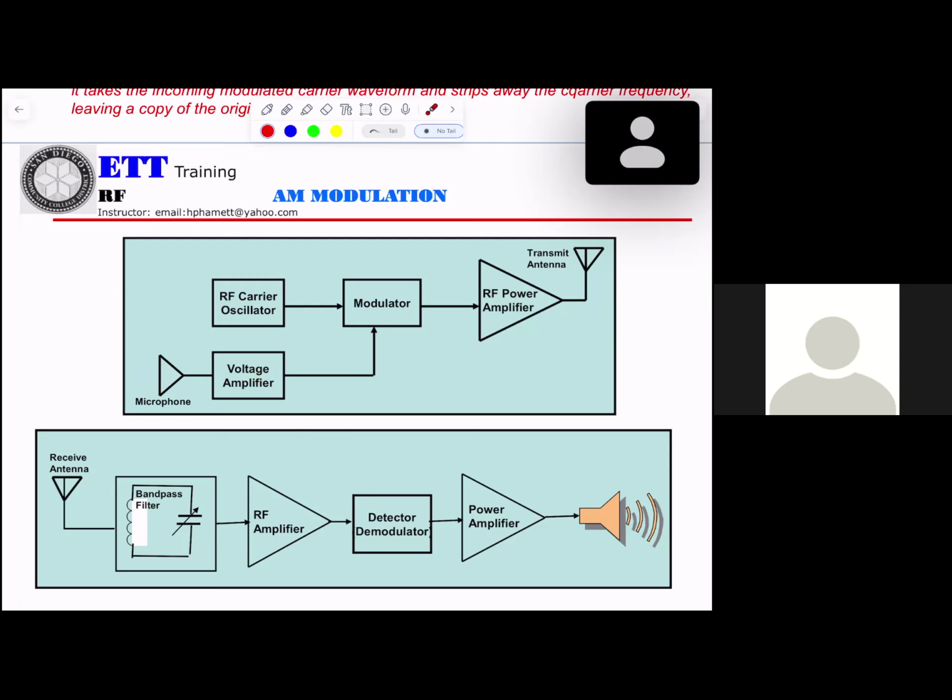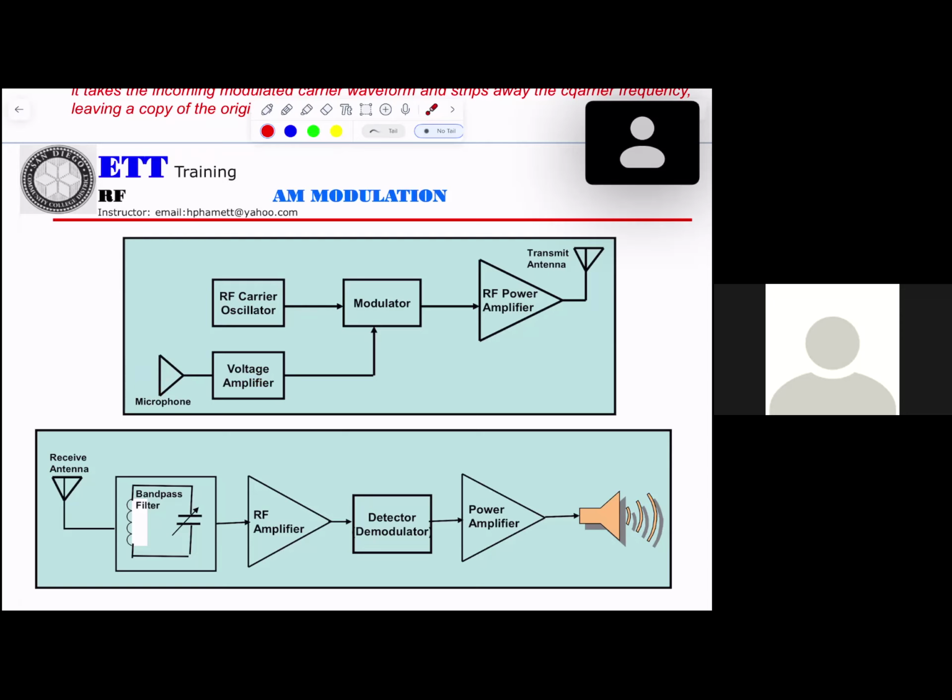Again, our voice is very weak, it cannot be transmitted and cannot work with the electronics. So that's why they need the amplifier to bring it to a certain voltage so it can work in electronic circuitry.